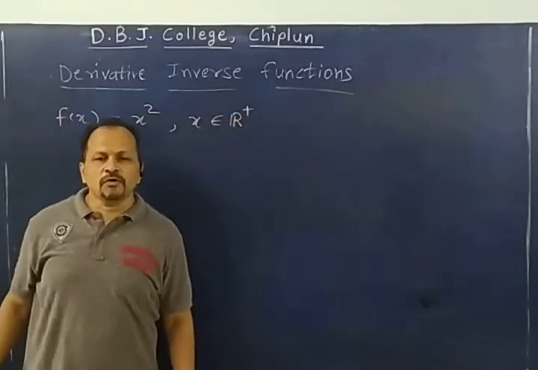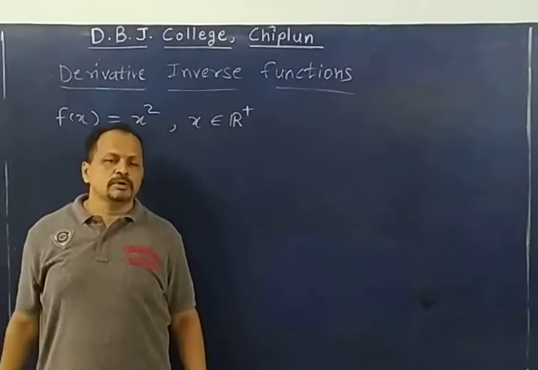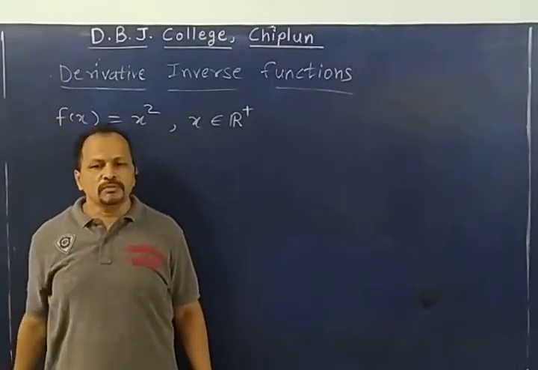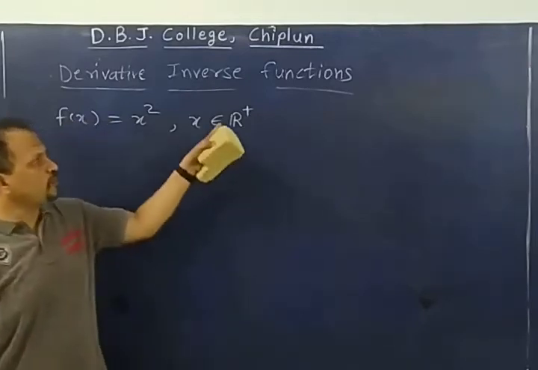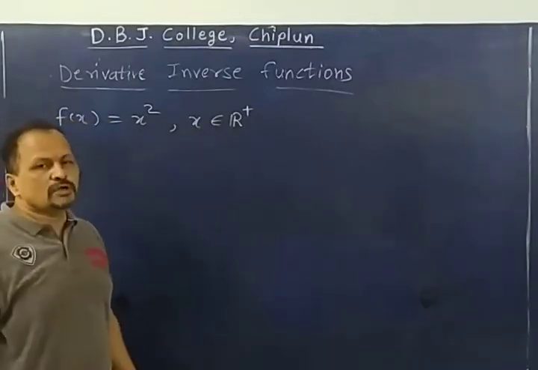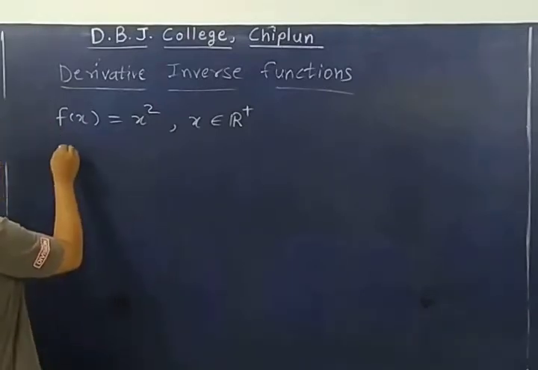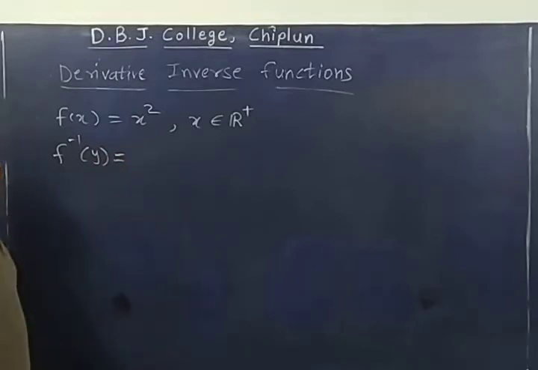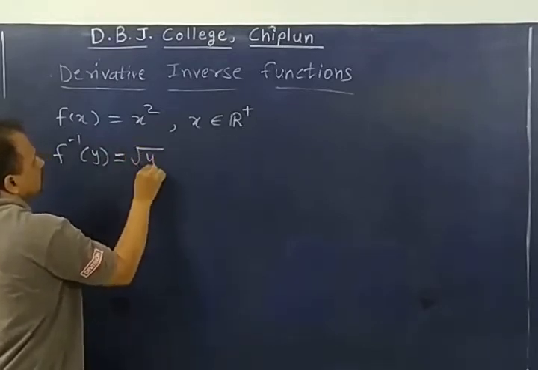That is the set of positive real numbers only, not 0 and not negative numbers. f(x) is equal to x square. Then I know that f inverse y is equal to under root y.